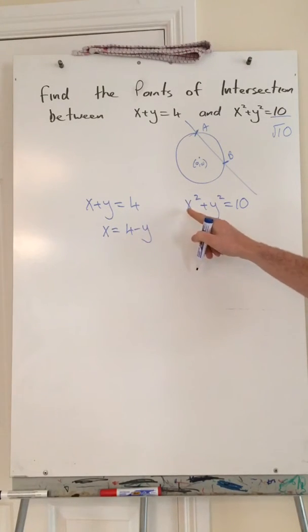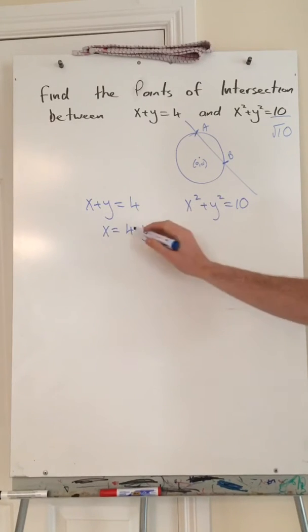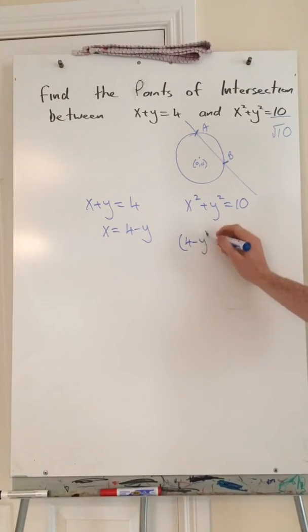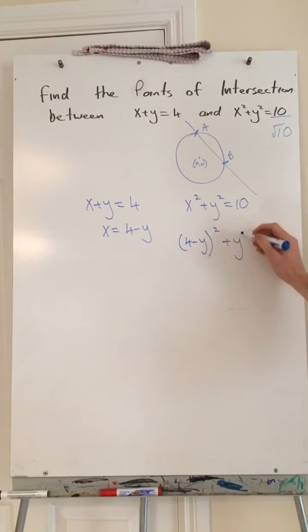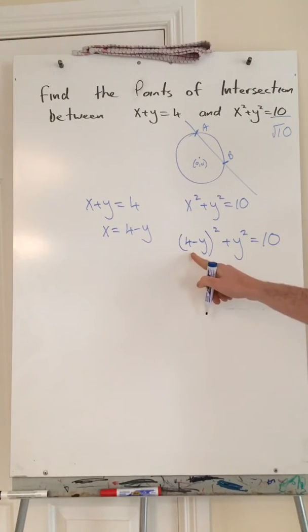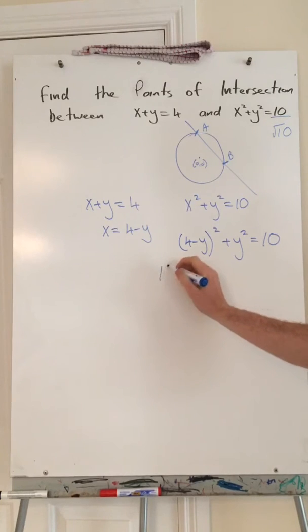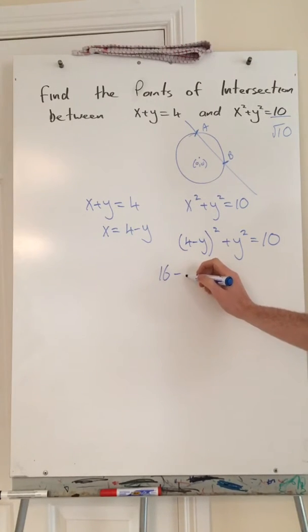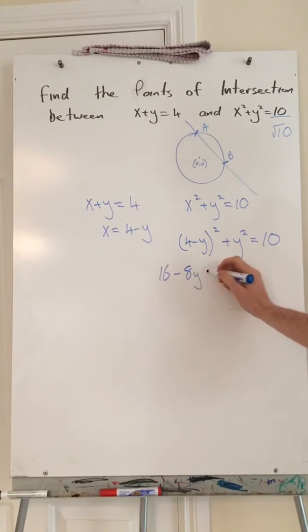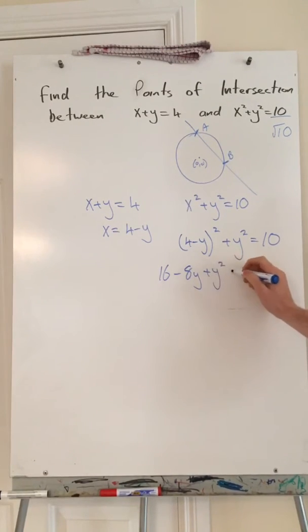So it's (4 minus y) squared plus y squared is equal to 10. If you multiply this out, you get 16 minus 8y plus y squared plus another y squared is equal to 10.